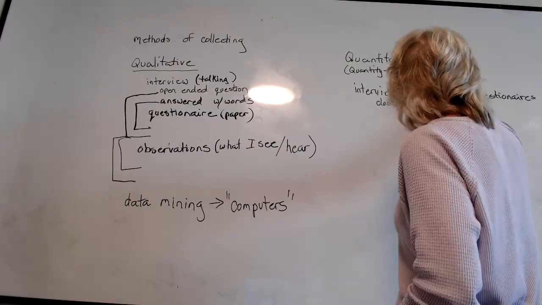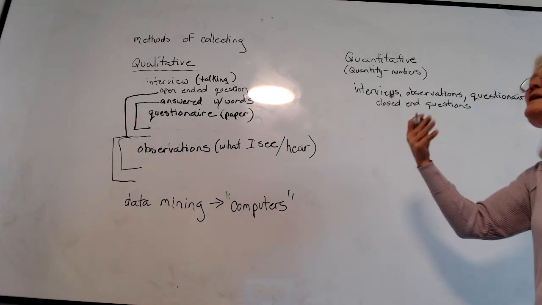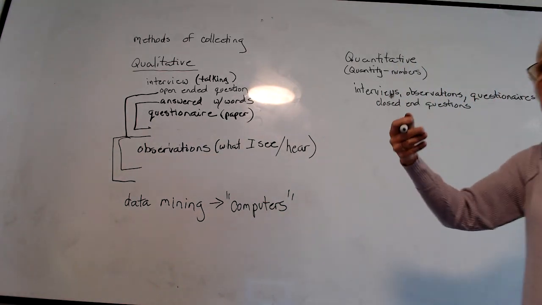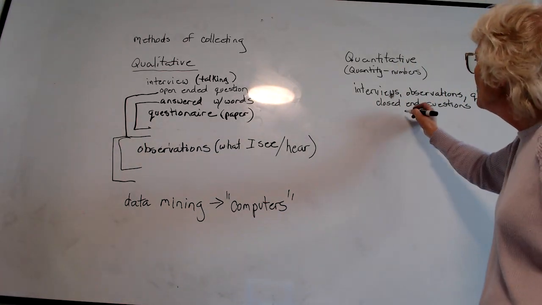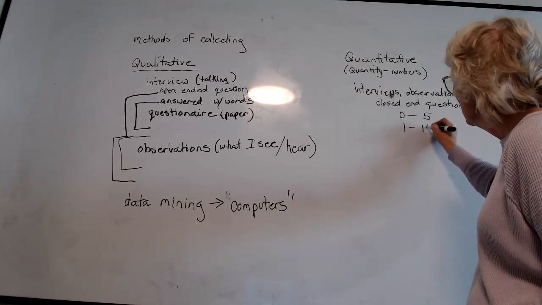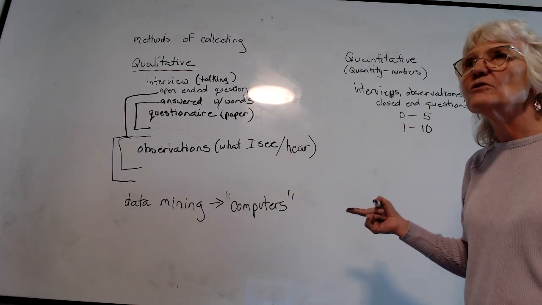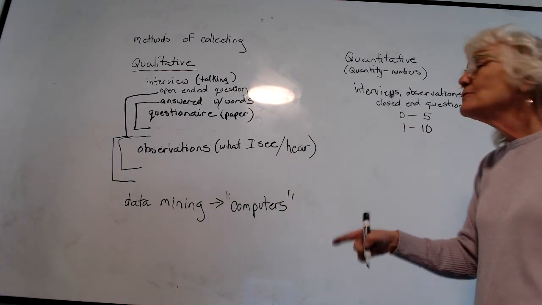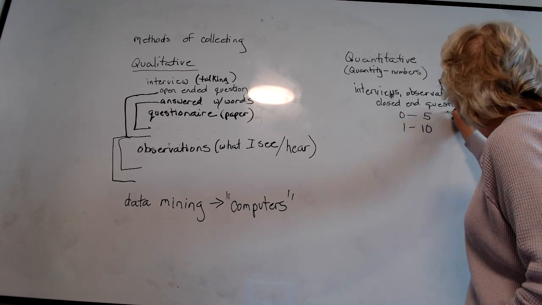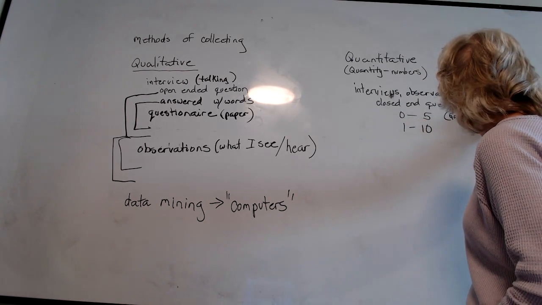So there's varied ways of answering these that we still consider quantitative. You can do it on a range of 0 to 5 or 1 to 10, where you put it in order or where you rate it. We do a lot of this on Google when you do reviews.